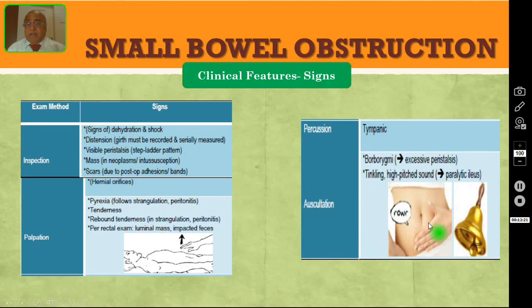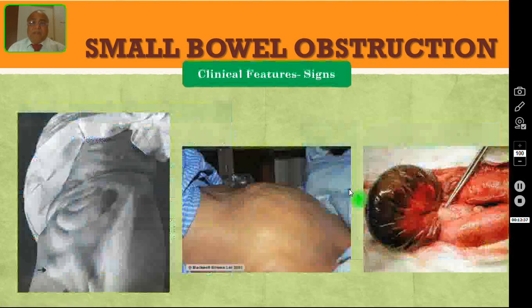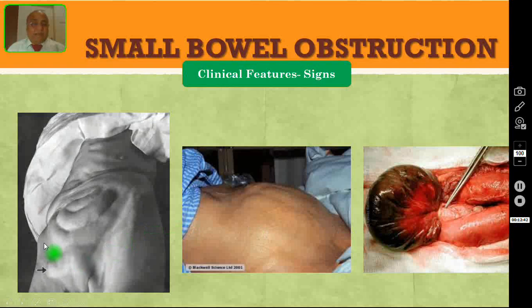Eventually, it will become paralytic ileus, or aperistaltic. So you cannot hear any bowel sounds. The abdomen will become a silent abdomen. So these are the characteristic features. These are the clinical pictures you are seeing here.